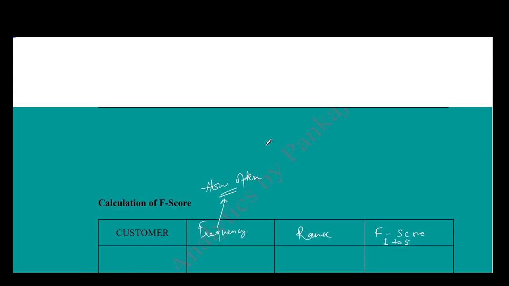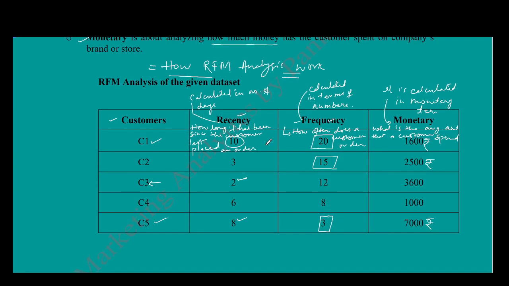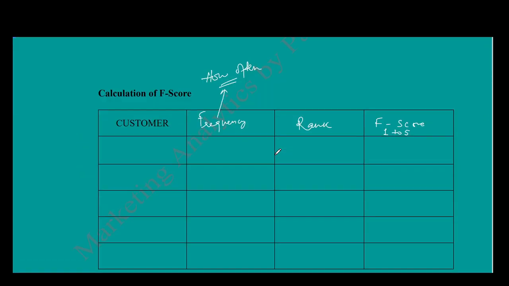So if I look back to the original data set, I can see that customer C1 is most frequent. C2 is next, C3 is then third in terms of ranking. So it's already sorted by frequency. So 20, 15, 12, 8 and 3.